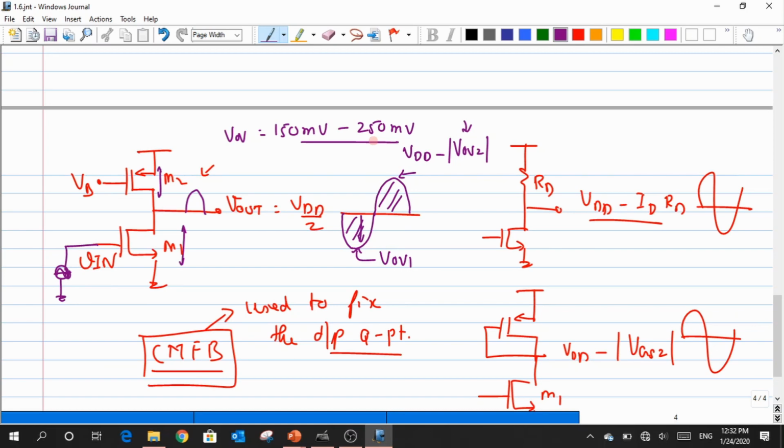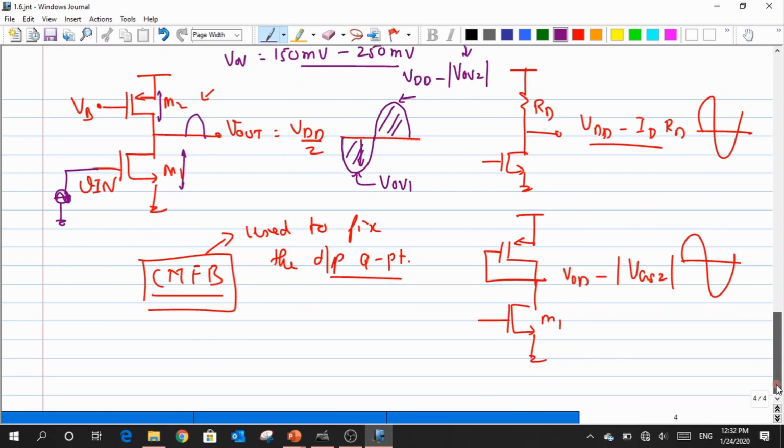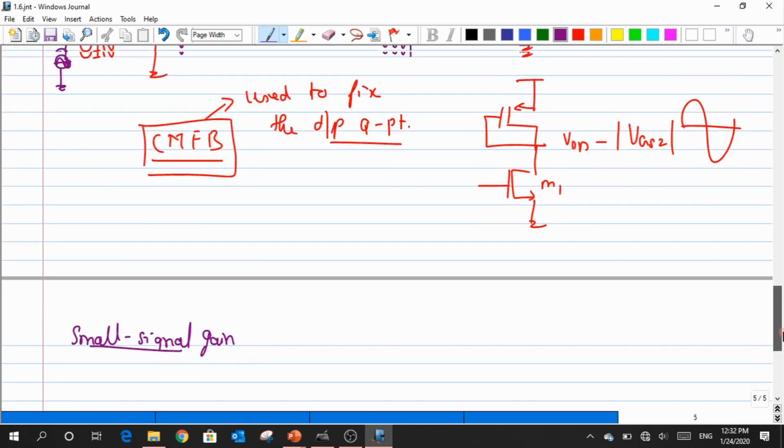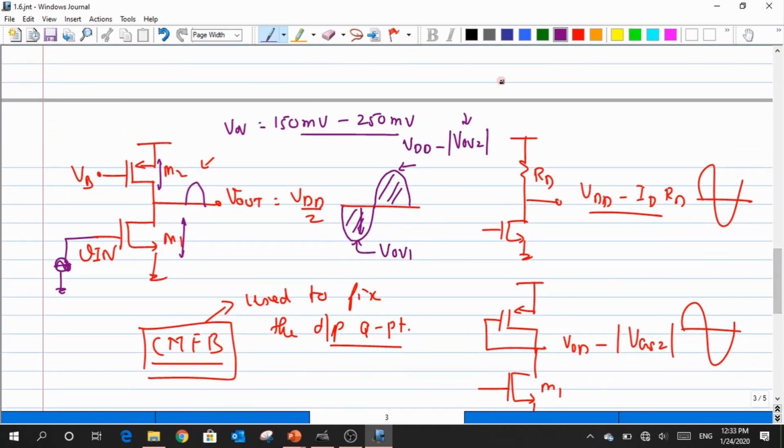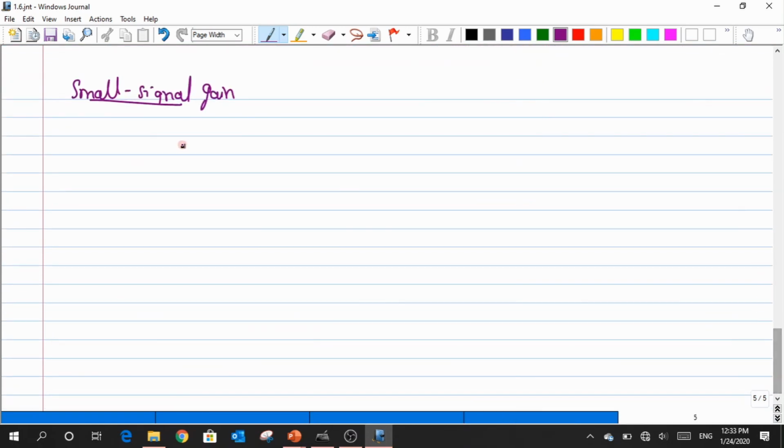Now, I think I've given enough base. So now let us go for calculating the small signal gain. By the time I copy the circuit, you can bring out my answer. What is the small signal gain for the circuit?